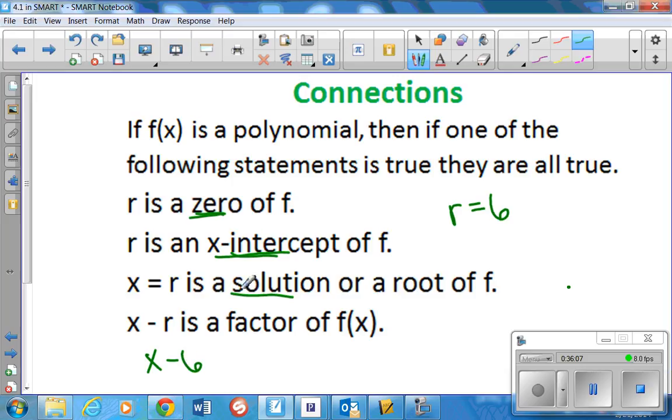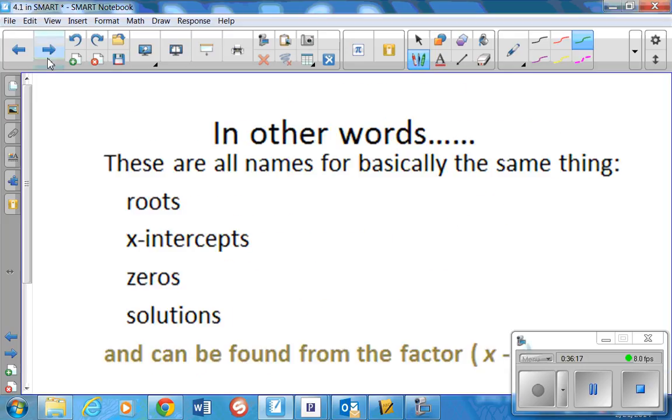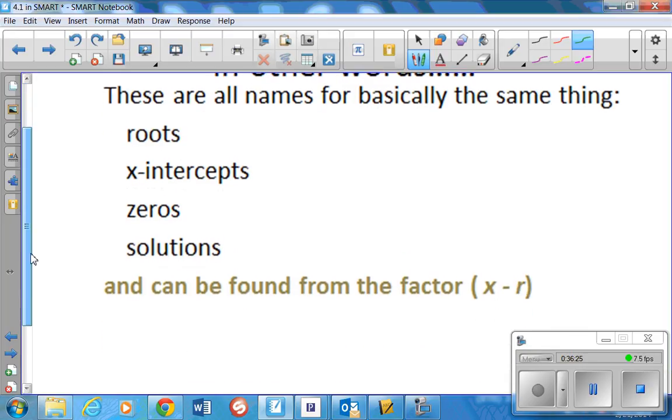Every one of those would be true: 6 is a zero, an x-intercept, a solution, and x minus 6 is a factor. Big picture, these are all names for basically the same thing: roots, x-intercepts, zeros, solutions, and they can all be found from the factor x minus whatever your number is.